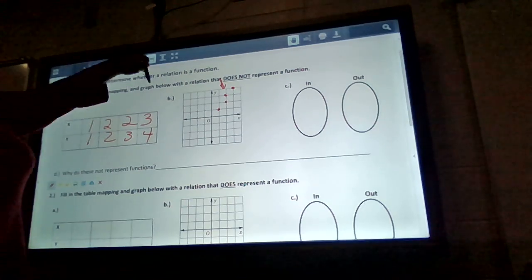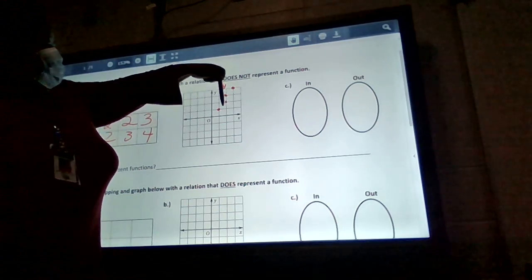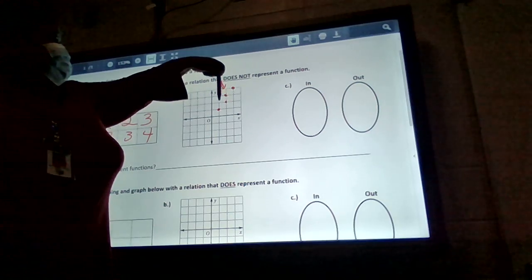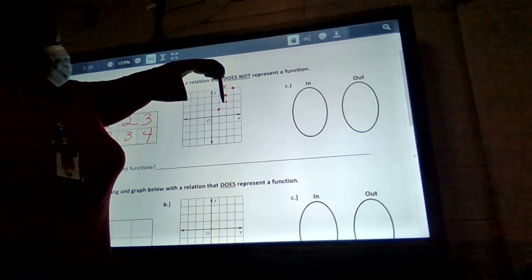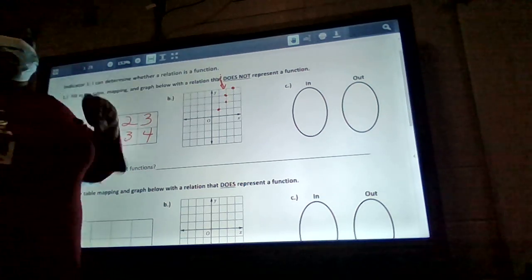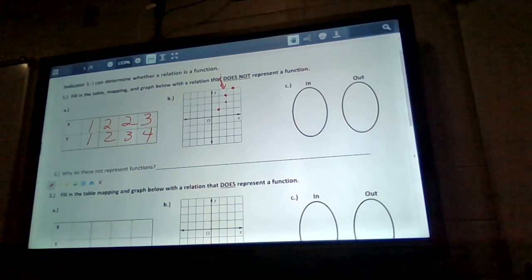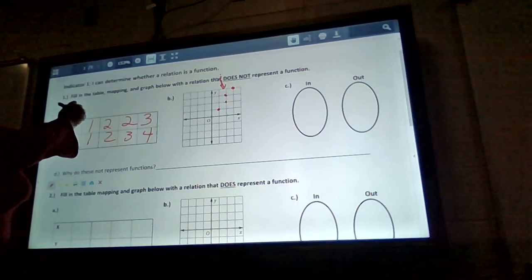If I drew a vertical line through my graph and it hits more than 1 point, then it's not a function. So if I draw a vertical line here, it hits more than 1 point, so it is not a function. X repeats.